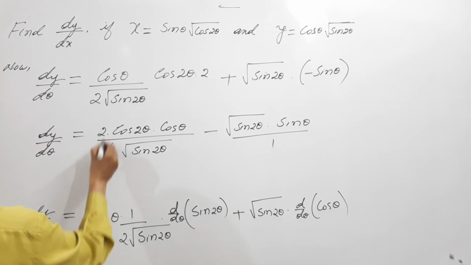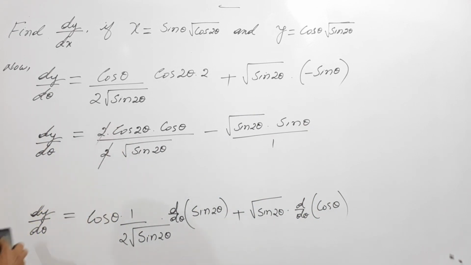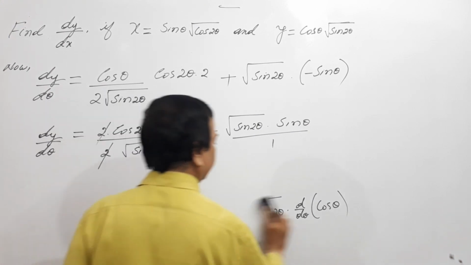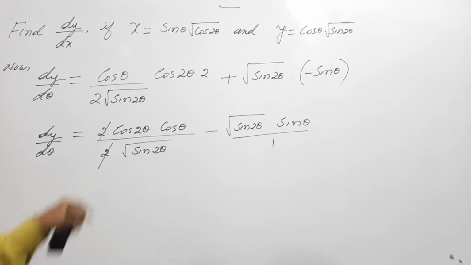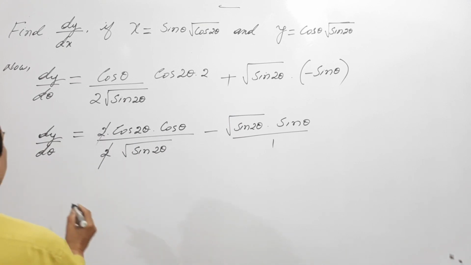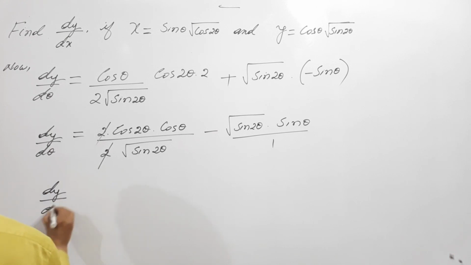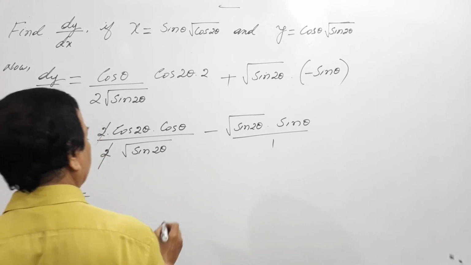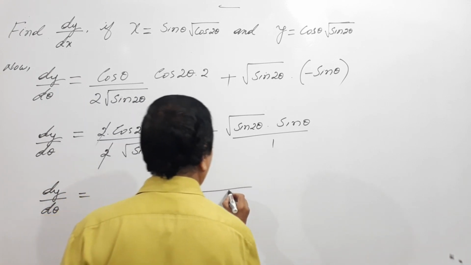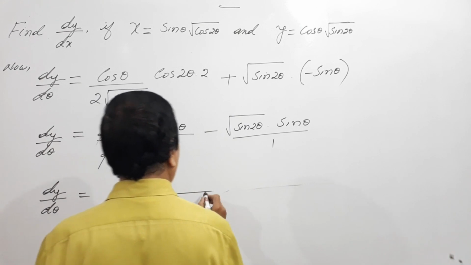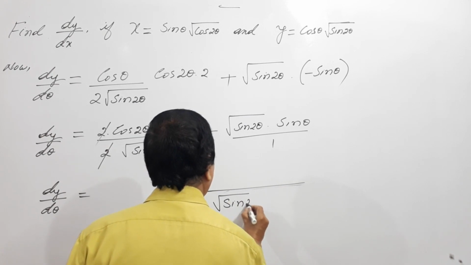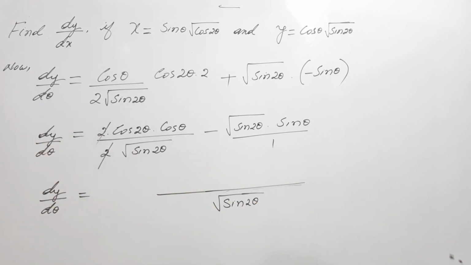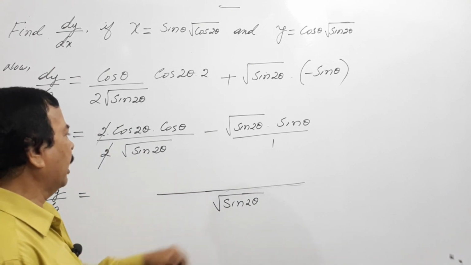So this 2 cancels. I'll take LCM, that is under the root sin 2 theta, dy by d theta equals, so this goes one time.